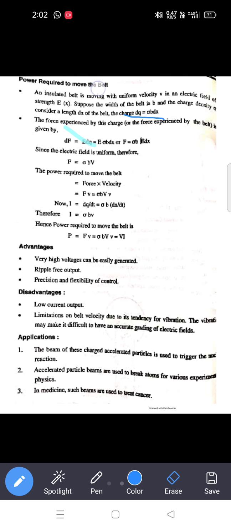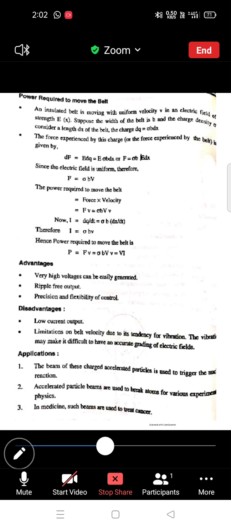Now the advantages and disadvantages of this Van de Graaff generator. The advantages are that very high voltage can be easily generated. It is not dependent on anything, so we can generate whatever voltage we want, but we have to apply a limiter to keep it within the limit. The second is ripple-free output, and the third is precision and flexibility of control.